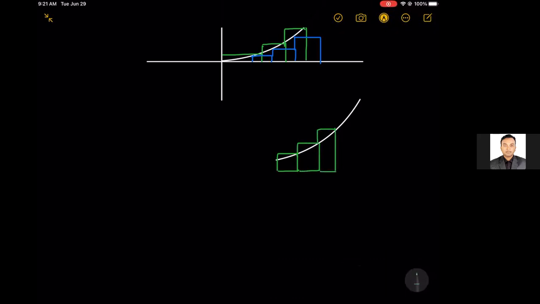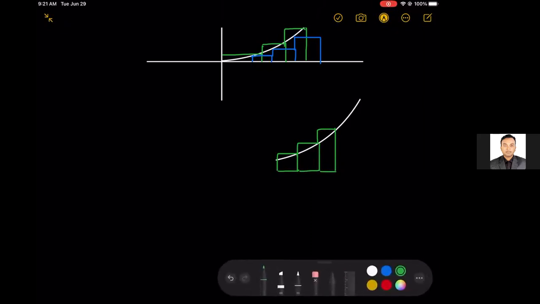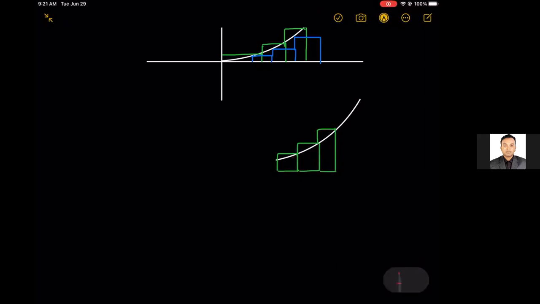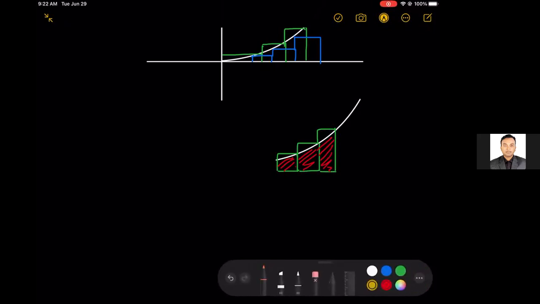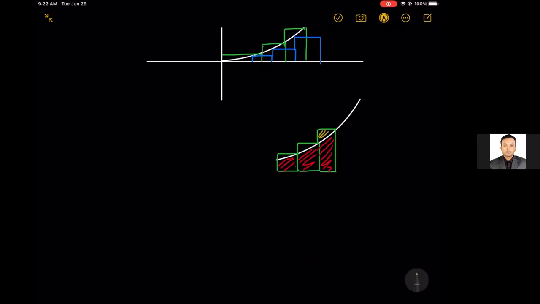That means if I find the area of these rectangles and add, don't you think I'll have some additional area as well over the curve? Do you agree? I'll have some additional area, right?